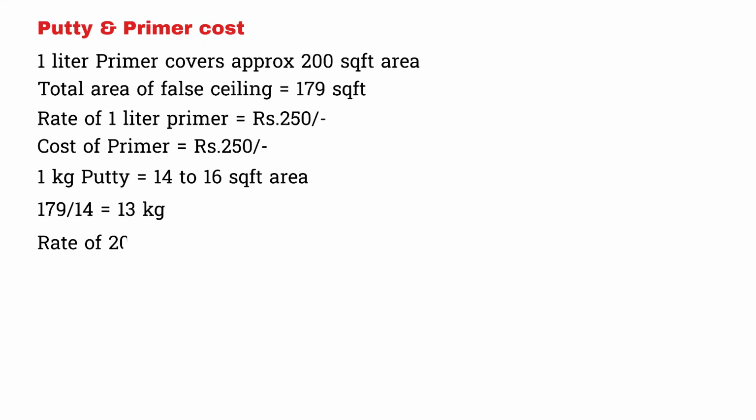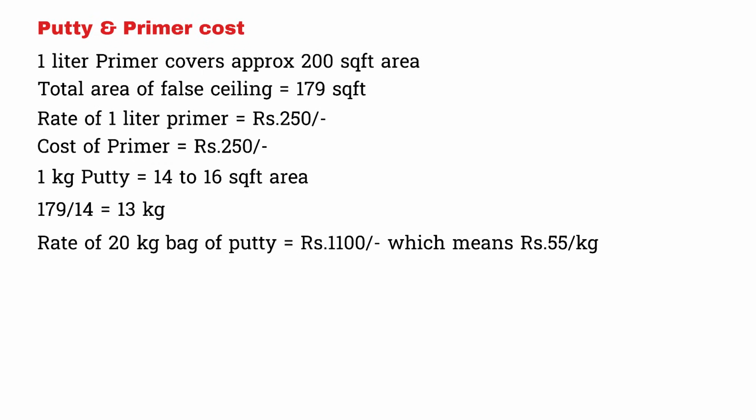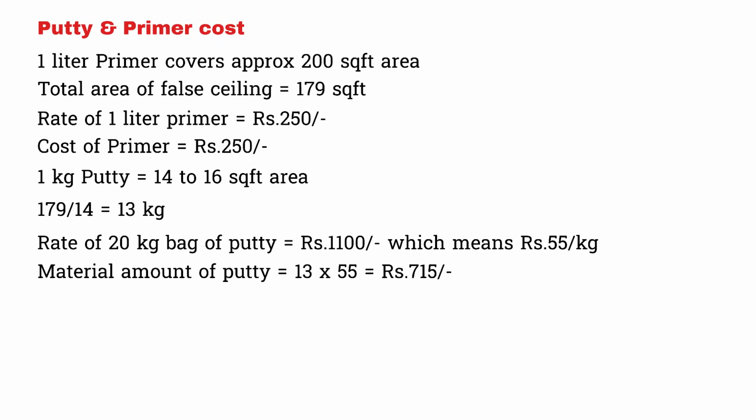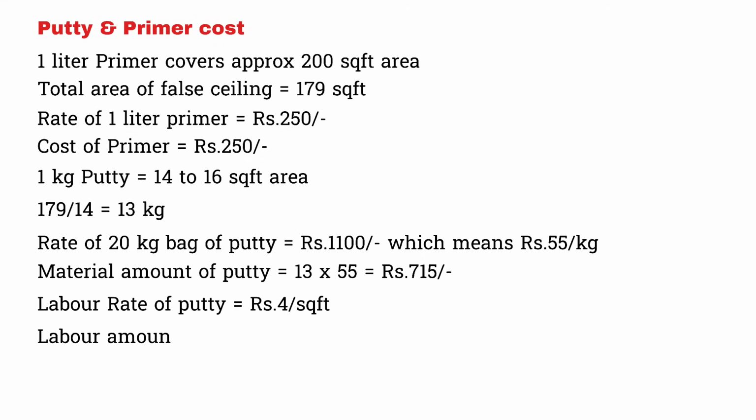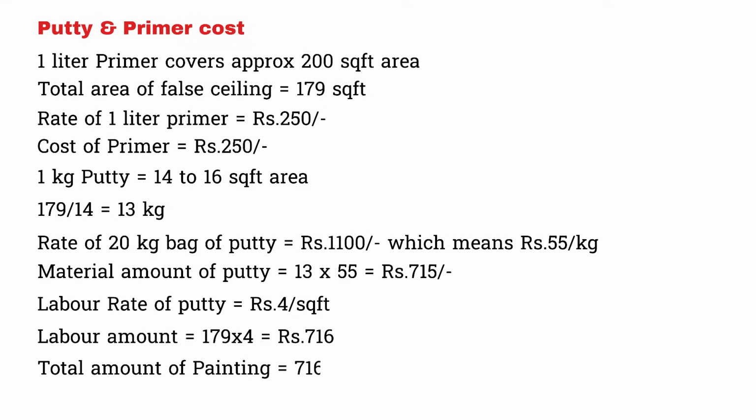Rate of a 20 kg bag of putty is 1100 rupees, which means the rate of putty is 55 rupees per kg. Now the material amount of putty is equal to 13 into 55 is equal to 715 rupees. And the labor rate for putty is 4 rupees per square feet. So labor amount for putty is equal to 179 into 4 is equal to 716 rupees. So total cost of painting is equal to 715 plus 716 is equal to 1431 rupees.